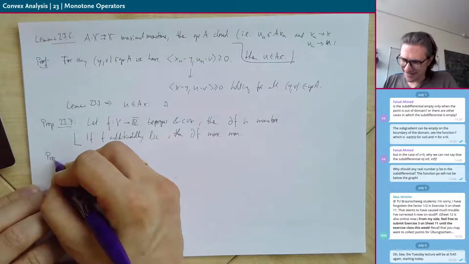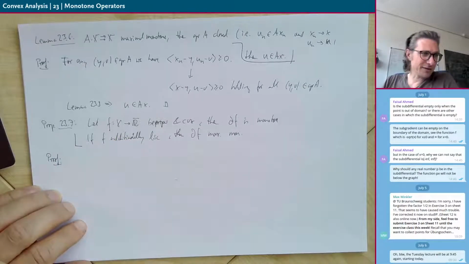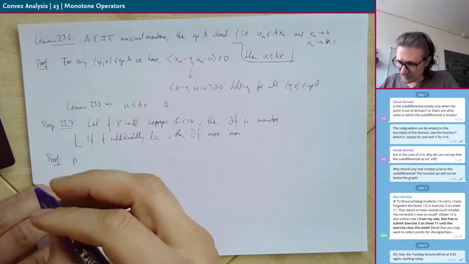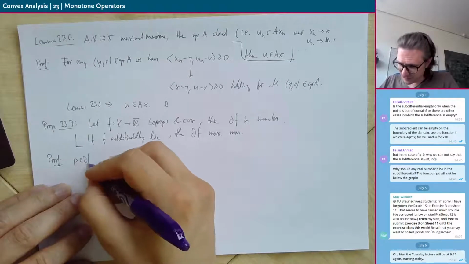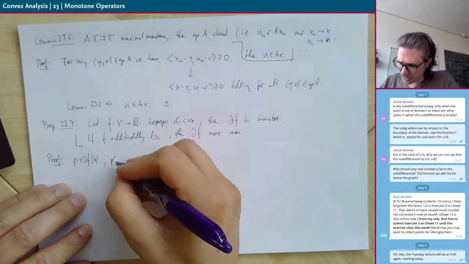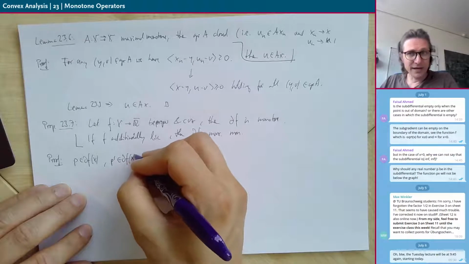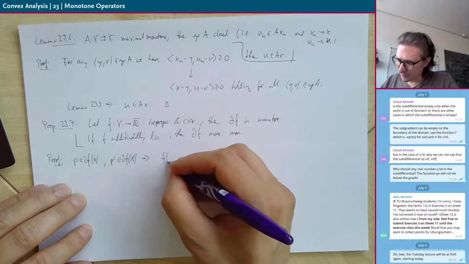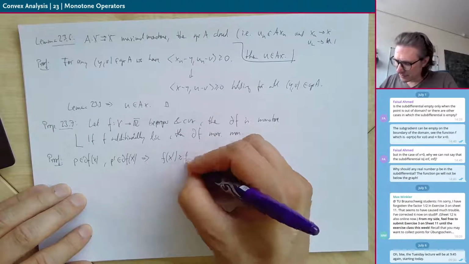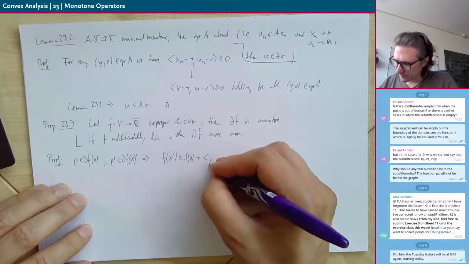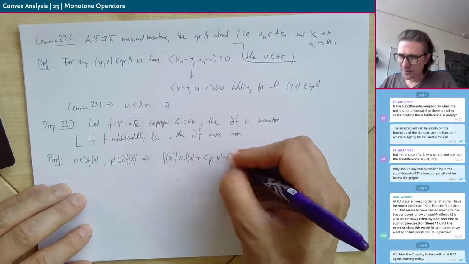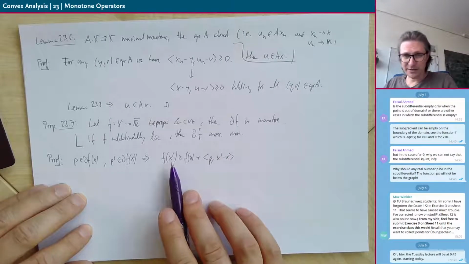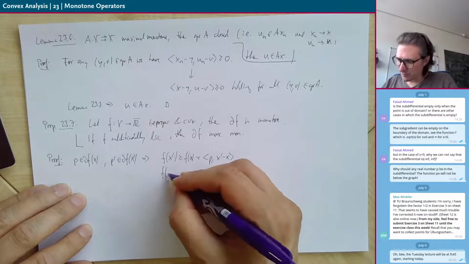And I guess we already proved that, but I forgot. But it's very simple. If you just start with p being a subgradient of f at x and p prime being a subgradient of f at x prime, then you get these two subgradient inequalities. This is the subgradient inequality at x, but we plugged in x prime, and you can also do it the other way around.